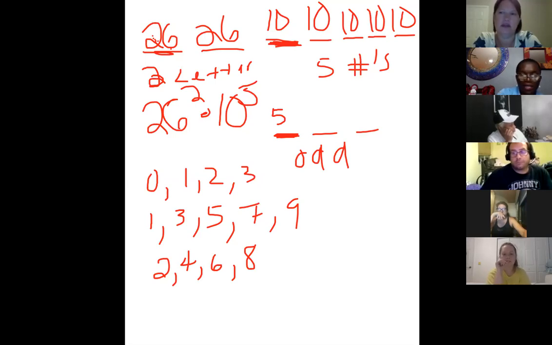Okay, like mine here, it says I need a 3-digit odd number. How many 3-digit odd numbers are possible if the leftmost digit cannot be a 0? Now, guys, think about an odd number, what it means, okay? So I'm creating a 3-digit number.